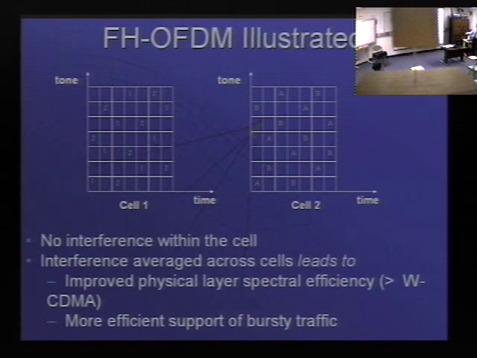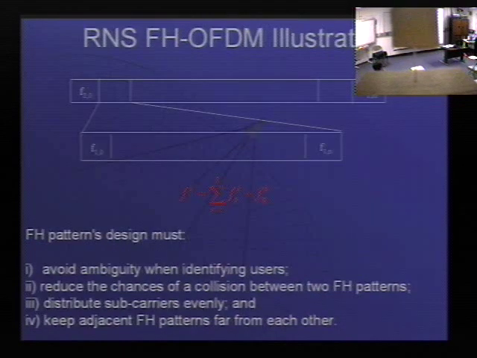Next time one user jumps to here, and the second user jumps elsewhere, and hopefully these two users at different cell sites will not jump into each other. That's the main purpose of frequency hopping. In OFDM, you make sure there is no interference within the cell, and you also average out the interference across the different cells.